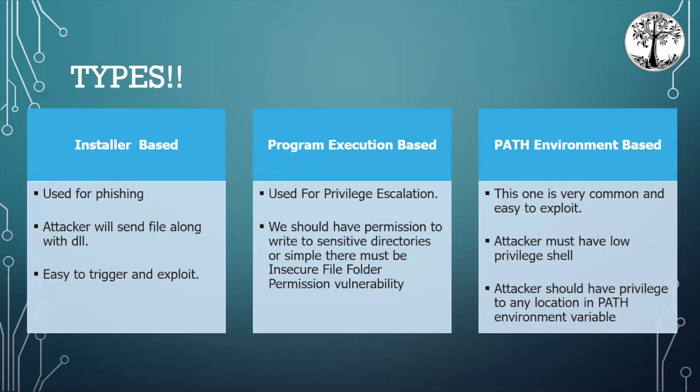So what if you have permission to write to the directory where the DLL is being called? Then you can escalate your privileges simply. It's easy. You should have permission to write to a sensitive directory, or simply there must be insecure file folder permissions.